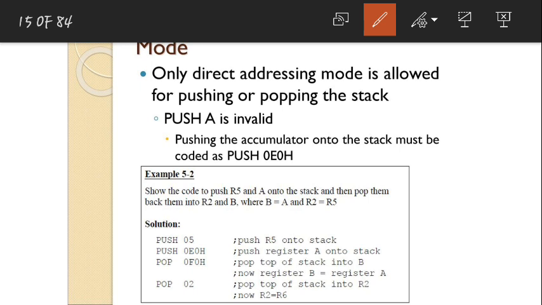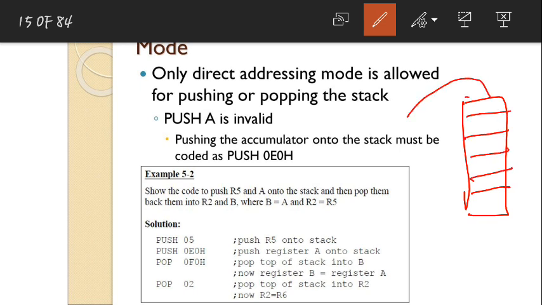See here he has given some examples. First of all, what is the stack pointer? You have some internal RAM, and in internal RAM you have some memory locations in a stack where you store values. If you keep pushing values, first it stores here, then it increments by 1 and stores here, increments by 1 and stores here.